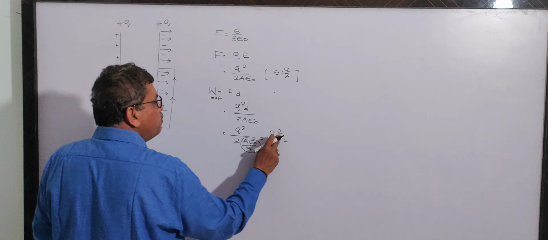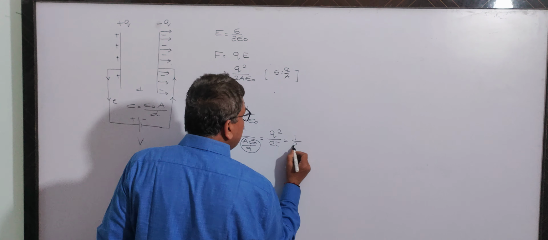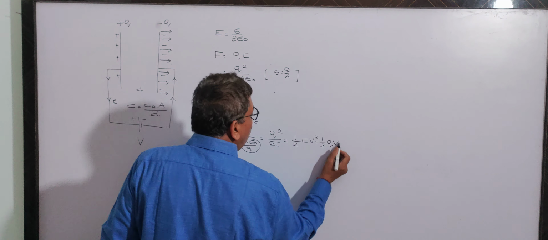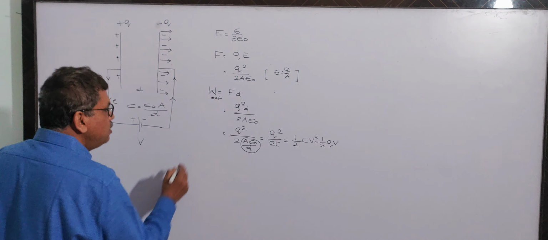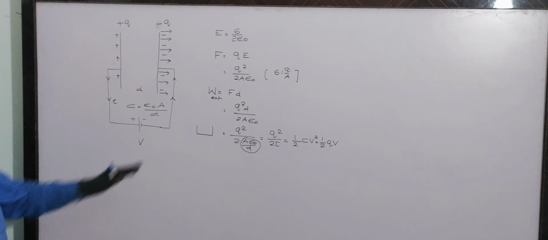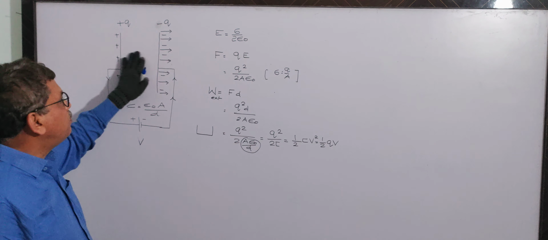Now once you replace Q by CV, I can write it as half CV square. This can also be written as half QV. This is the electrostatic potential energy stored between these two parallel plates, and this is the force of attraction acting between these two plates.